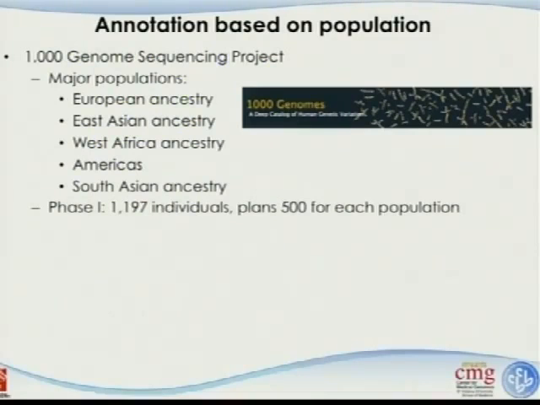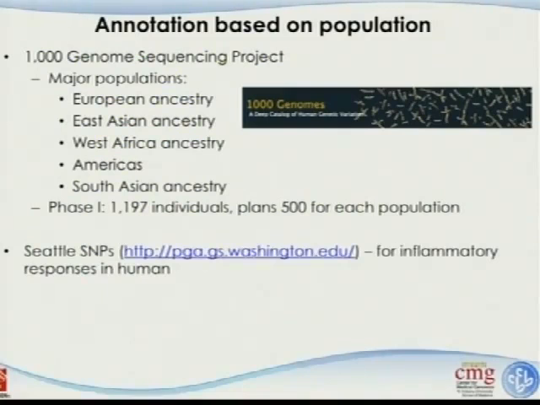In the phase 1 study, they have almost 1,200 individuals sequenced, and we know those are pretty low coverage, 4X sequencing, but it gives you a very good estimation of the allele frequencies of these individual populations. And they are planning for 500 individuals for each population, so there will be 2,500 people sequenced in the near future.